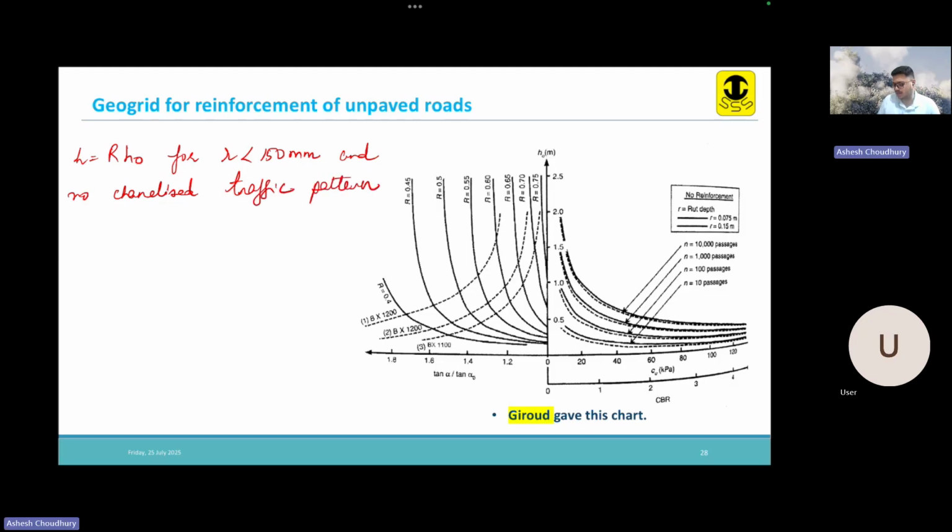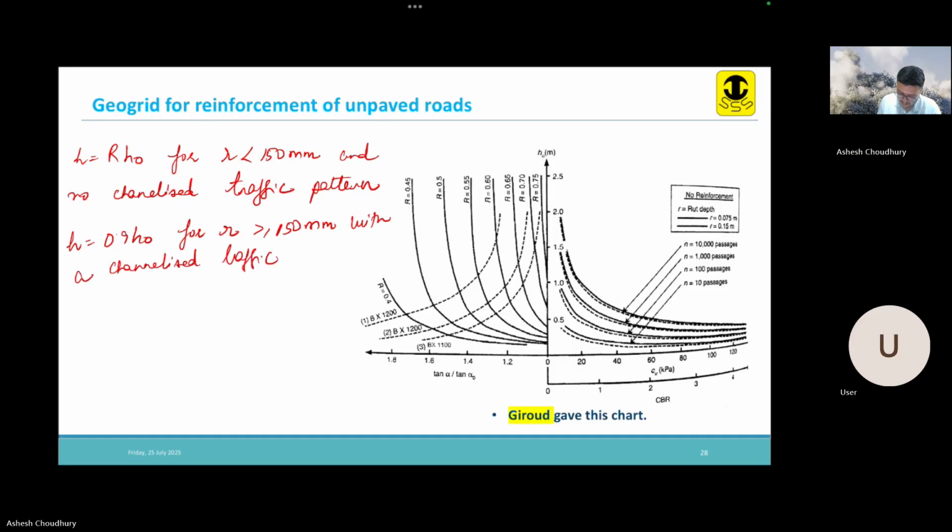R you have to get from the chart. And H is equal to 0.9 H naught for R, R is the rut depth, less than 150 mm with a generalized traffic pattern.